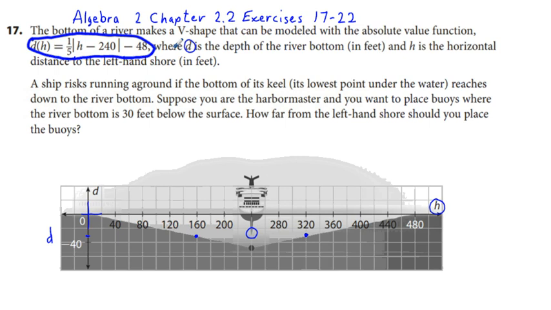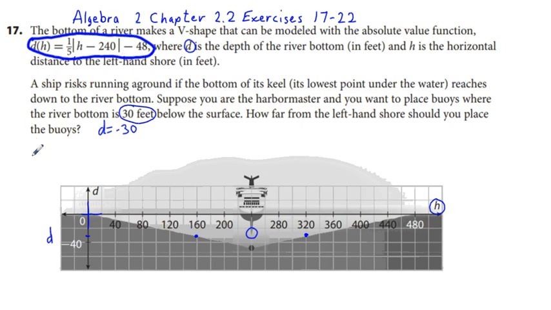So let's go ahead and substitute for D. We have 30 feet below the surface. Okay, we're looking over here. So in this case, D that we're going to start with is going to be equal to negative 30. Now you have to be careful about this, because if you put positive 30, that could mess you up.